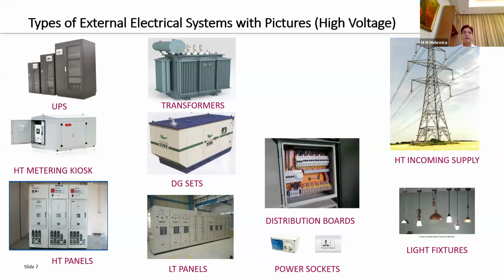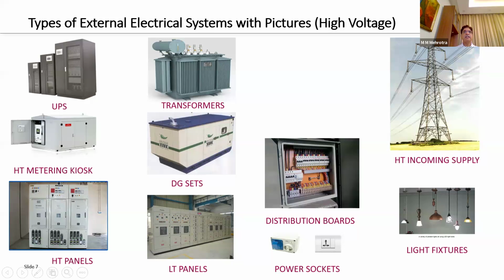Now supply from this goes to different LT circuits. The distribution board you are seeing is what we normally see in our homes, right? These are MCBs, and they should be neatly connected in the distribution board. I will come to it a little later. From here, the supply goes to different loads.